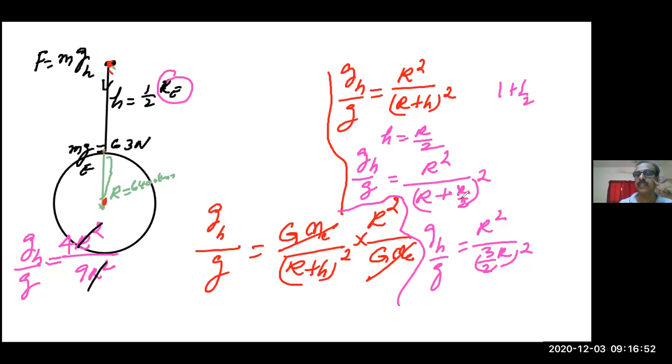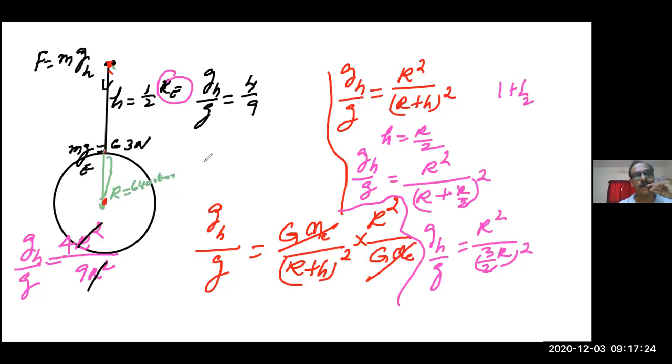So 1 R plus half R is 3 by 2 R, 1.5. Now g_h by g is equal to R squared divided by (3 by 2 R) whole squared, right? So numerator 9R squared, denominator 4. The 4 will go to the numerator. R squared cancelled. Then g_h by g is equal to 4 by 9.